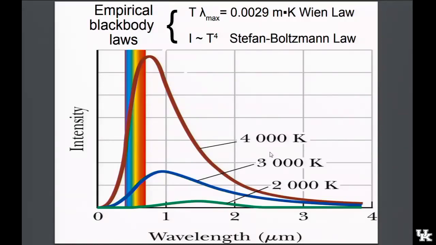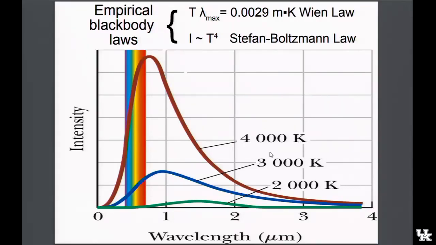So this is the rainbow of visible light here in these vertical bars. And over here is the intensity. What's indicated on this plot are three different curves, the green one, the blue one, the brown one. They're the black body radiation at three different temperatures. This is what is measured when you have a filament, say in this lamp, at three different temperatures: 2,000 Kelvin, 3,000 Kelvin, 4,000 Kelvin.